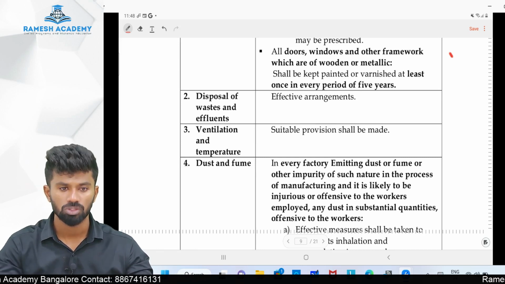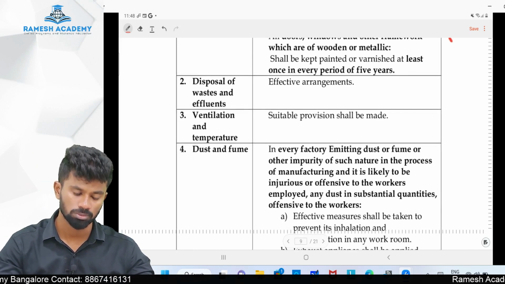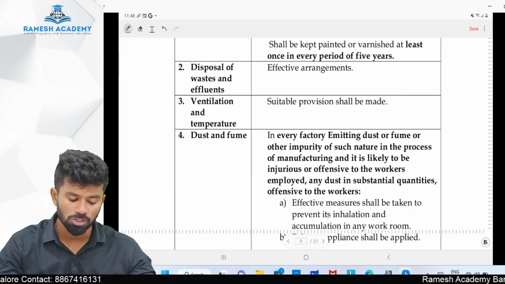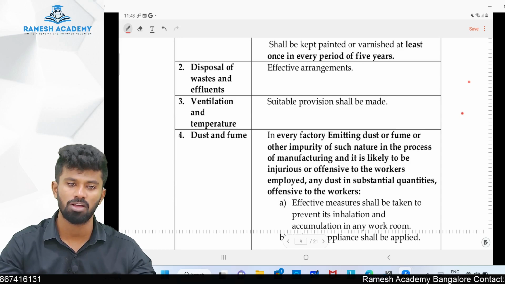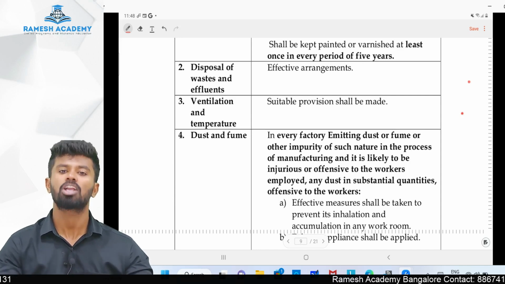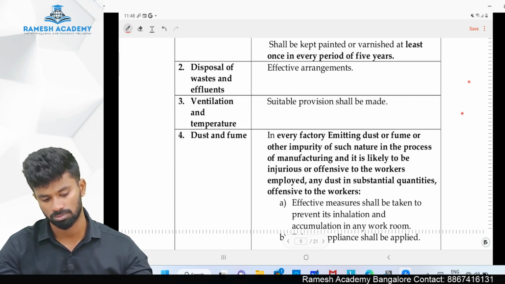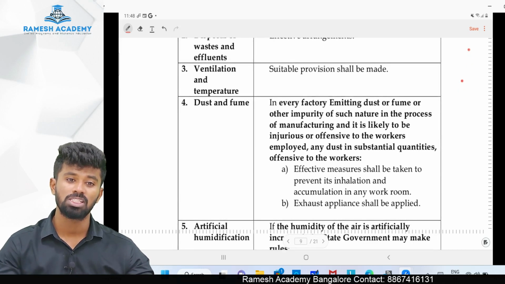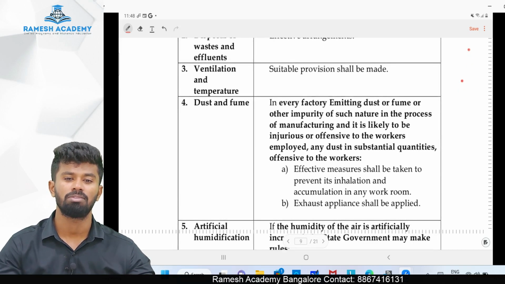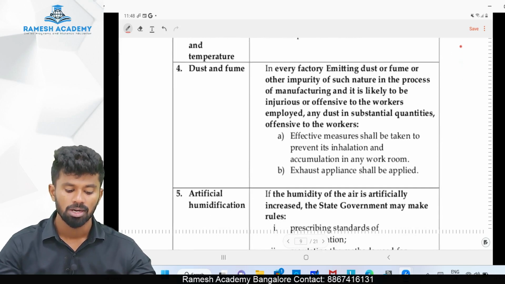Okay, so these are the provisions with respect to interiors. Disposal of waste and effluent. There should be an effective arrangement for disposal of the waste and effluents accumulated in the manufacturing process. Ventilation and temperature. Suitable provision shall be made for maintenance of ventilation and temperature. Dust and fume.